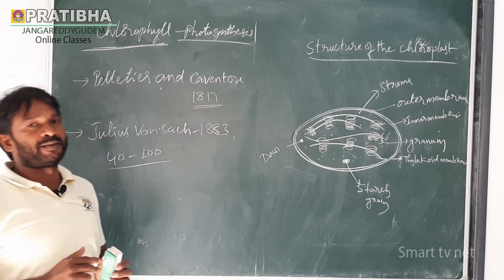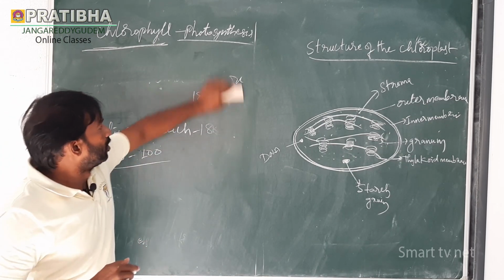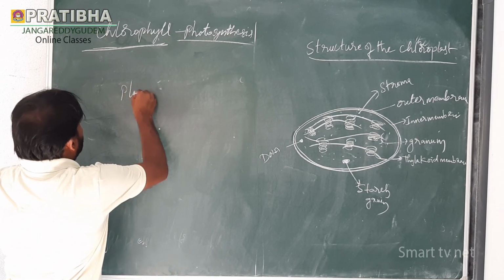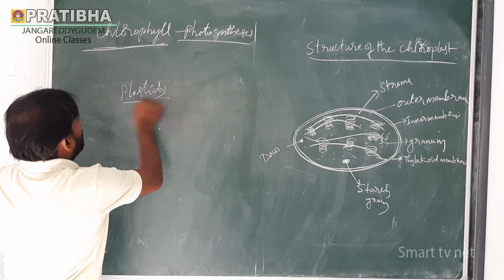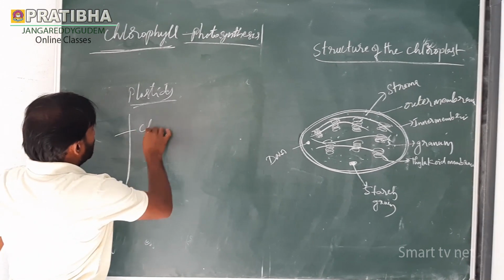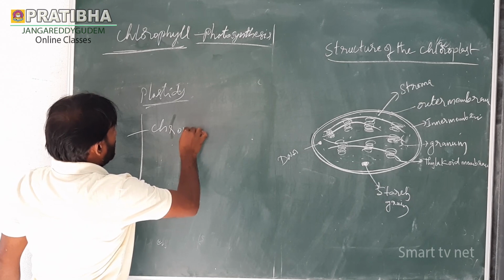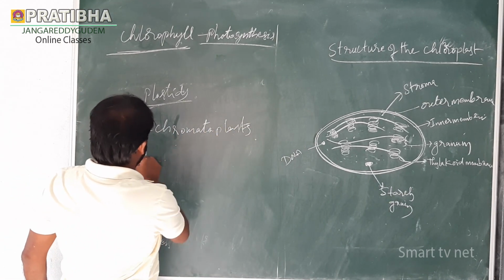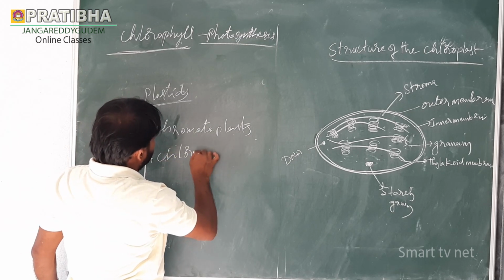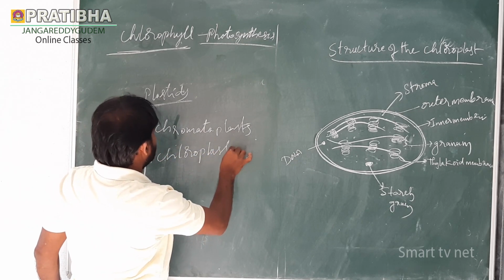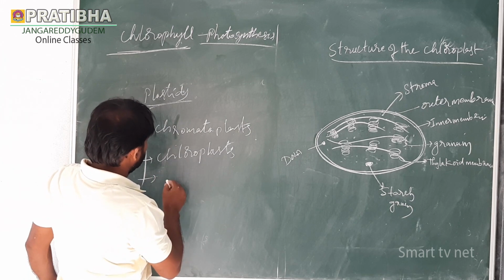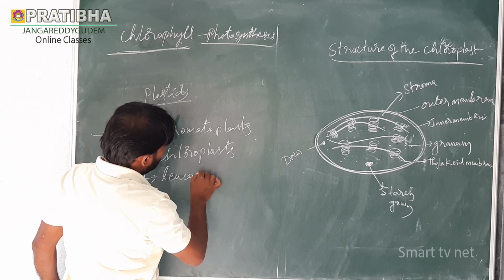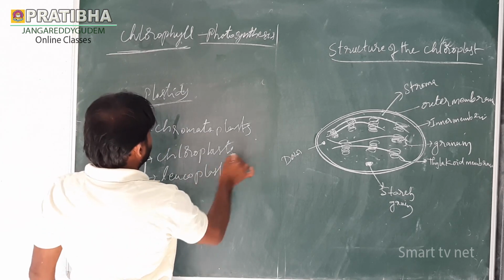There are three types of plastids: chromoplast, chloroplast, and leucoplast.